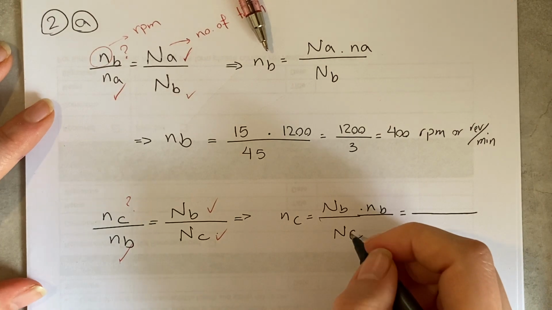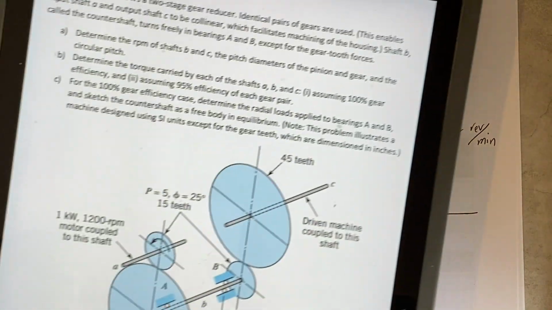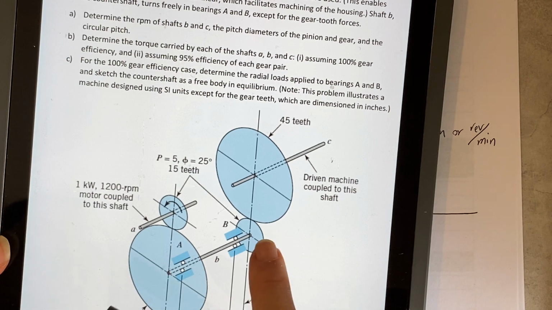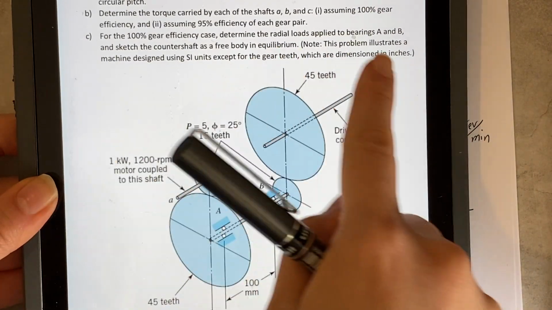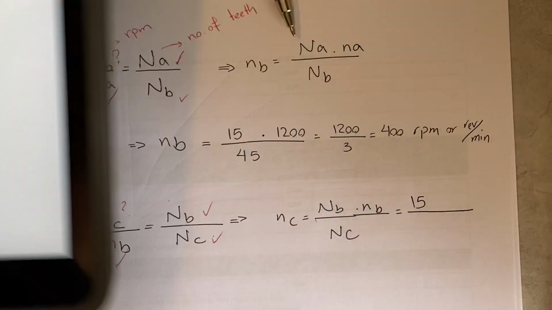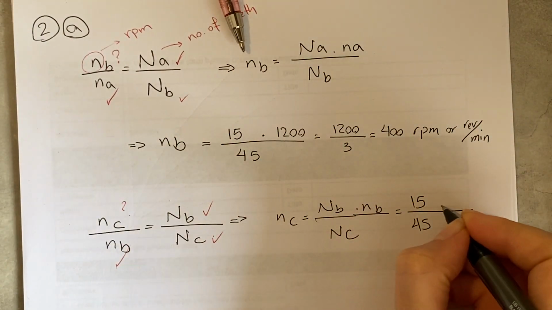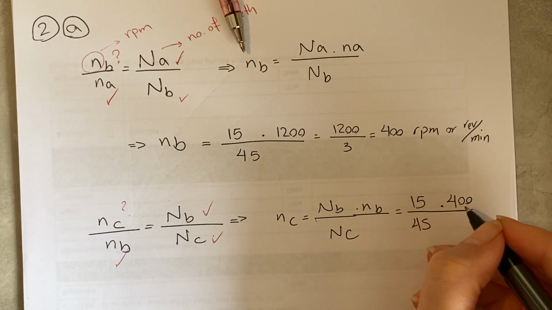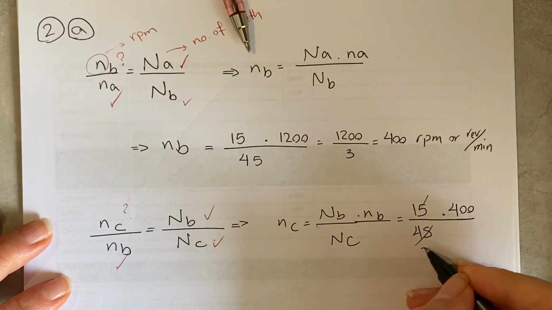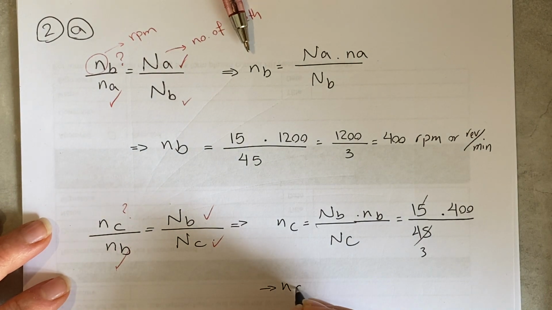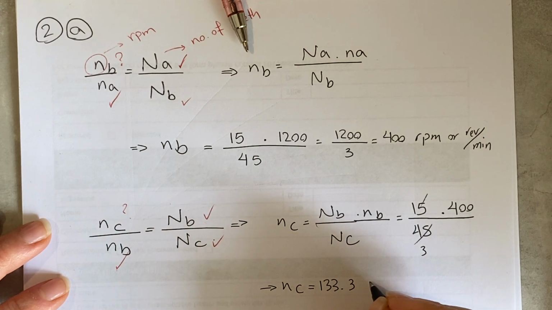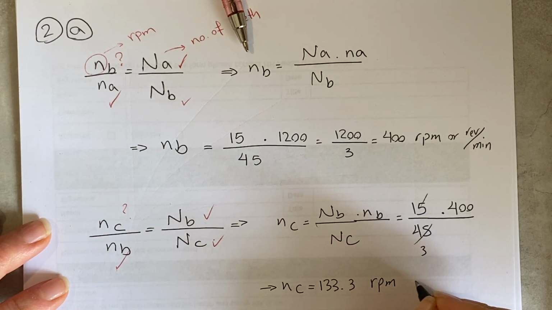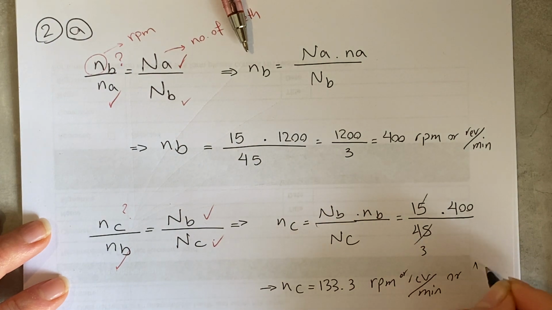So the number of teeth on the pinion on shaft B, which is 15, over the number of teeth on the gear which sits on shaft C, which is 45, times 400. So again, nC should be equal to this RPM, or again revolutions per minute.